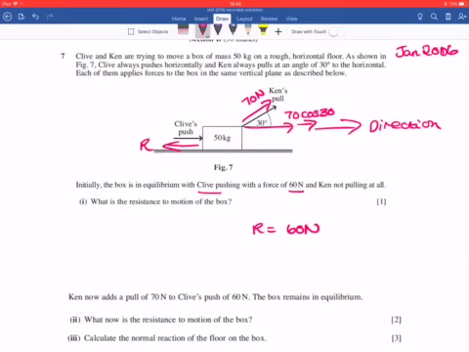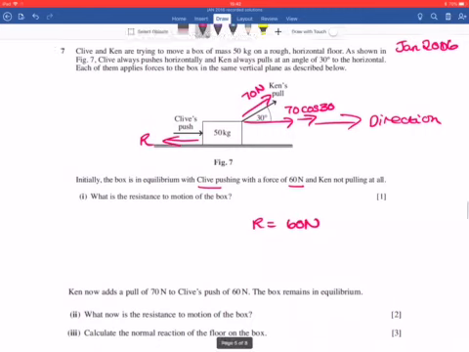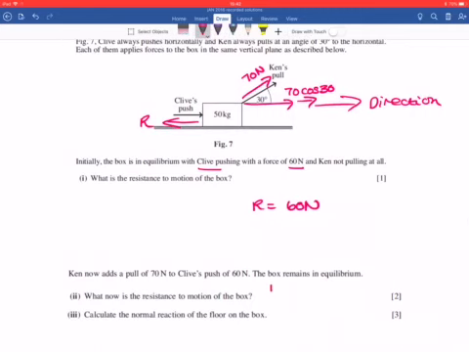So it's still in equilibrium. So now R is going to be 60 plus 70 cos 30, and you should get, to 3 significant figures, 121 newtons.